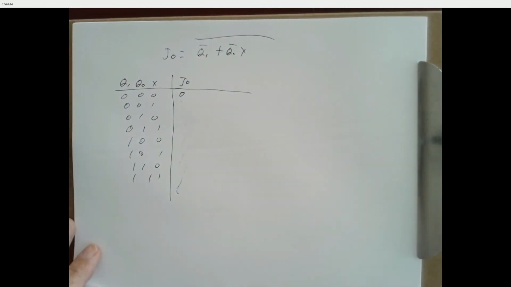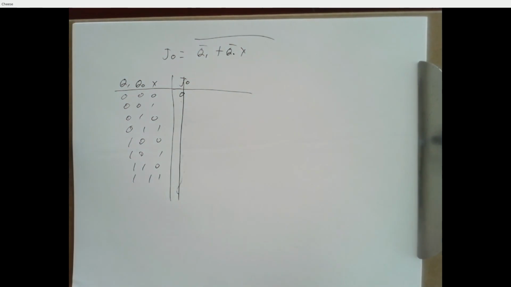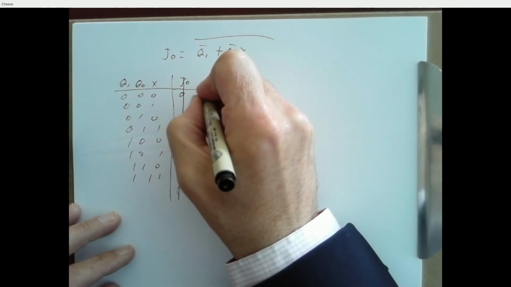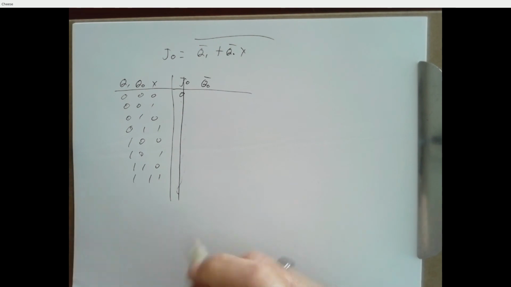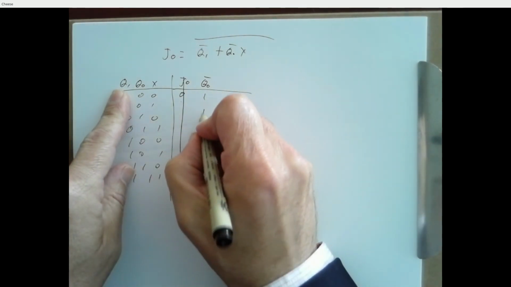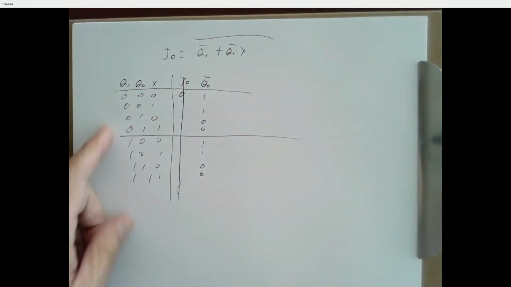Okay, so here's how I recommend filling out these truth tables. Don't jump straight to the thing you're after. Break it down into pieces. Q0 X. Well, make yourself a column for Q0 bar. It's going to take you 15 seconds to do this. It's a little bit of time, but all you've got to do is complement Q0. 1, 1, 0, 0. 1, 1, 0, 0.